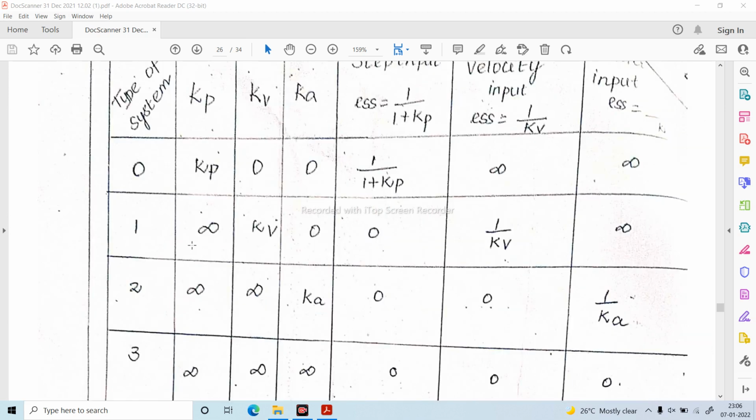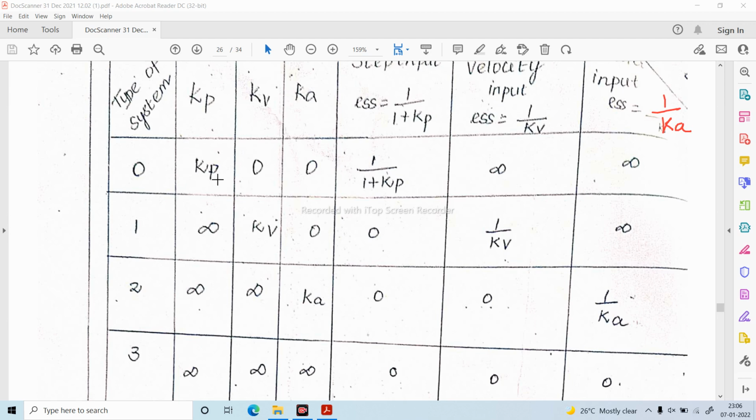So this is a tabular column I have given. First type of system, Kp, Kv and Ka. And for step input what is the error value, for velocity what is the error value, and for parabolic what is the error value. So for parabolic the error equal to 1 by Ka. Okay, see here we have to remember like this. First 0, 1, 2, 3 in this way we have to write, and Kp, Kv, Ka in this way we have to write.